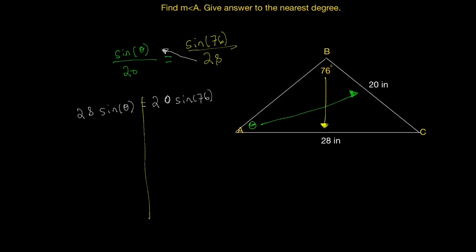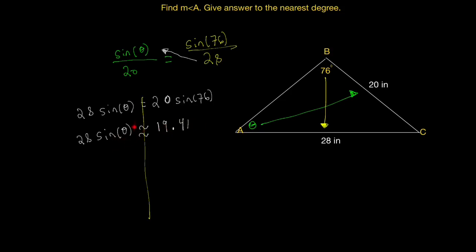On the left hand side, I have 28 times sine of theta. And then on the right hand side, I can multiply 20 times sine of 76, so I can input that in the calculator, and I'm going to get an approximation of 19.41, rounding to the nearest hundredth. Now I know here I put the nearest degree, but I'm going to switch it to the nearest hundredth, and that's what it's going to say in your assignment as well.